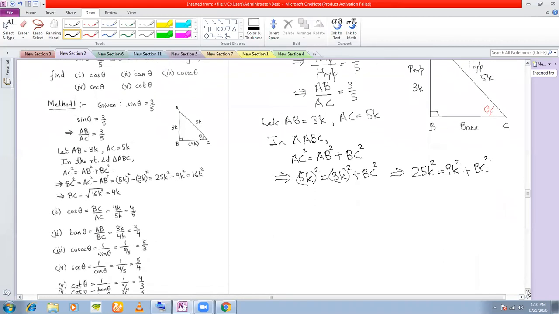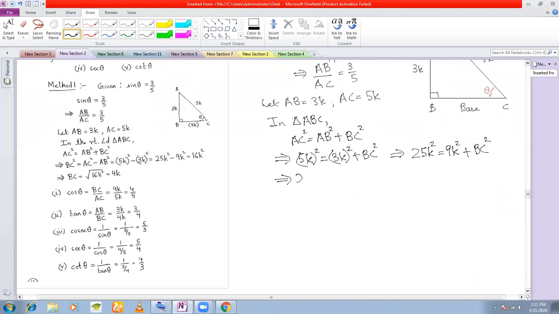Mind you, 5K whole square is 25K square, not 5K square. 25K square minus 9K square is BC square, so BC square is equal to 16K square. That means BC is root over 16K square, which is simply 4K.